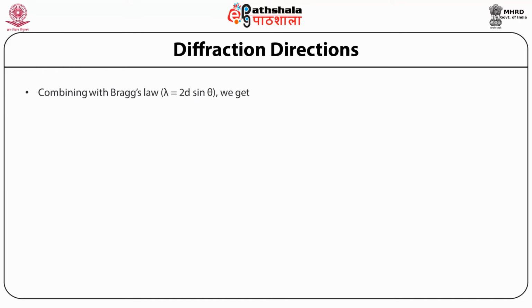Now combining with Bragg's law, which is lambda equals 2d sine theta, we can put the value of d and obtain sine square theta equals lambda square divided by 4a square into h square plus k square plus l square.